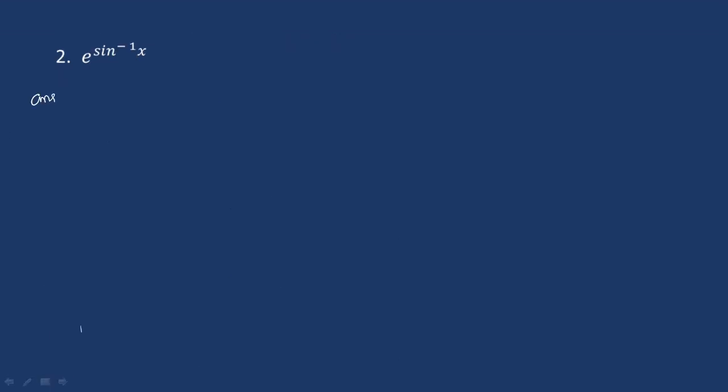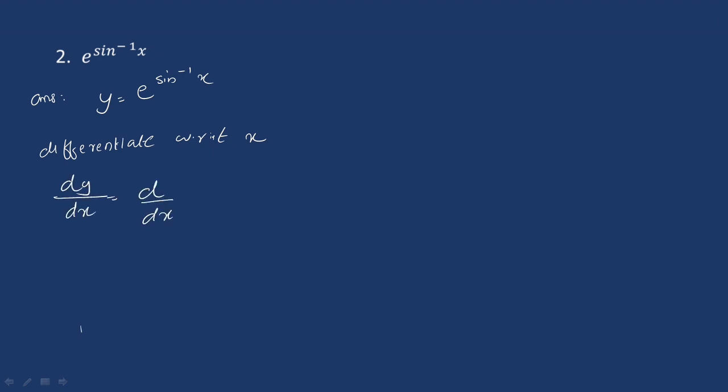Second question, e raised to sin inverse of x. So let us take y is equal to e raised to sin inverse of x. Now we will be differentiating each and every term with respect to x. So we have dy by dx is equal to d by dx of e raised to sin inverse of x.